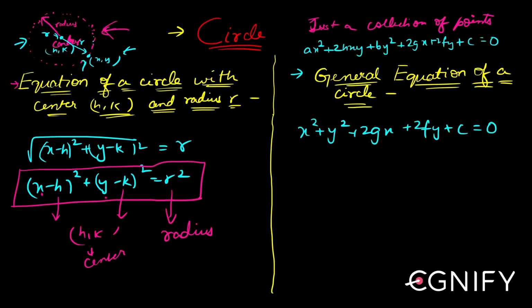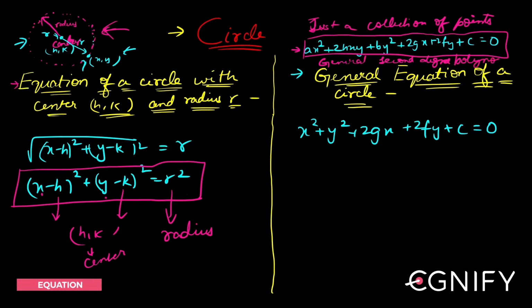Let me introduce you to this new polynomial first of all. This polynomial is called the general second degree polynomial. So what's so special about this? Why am I talking about this particular equation? As you can see, it has these weird terms: ax square plus 2hxy plus by square plus 2gx plus 2fy plus c is equal to 0.